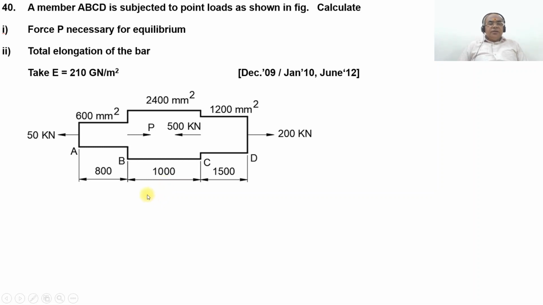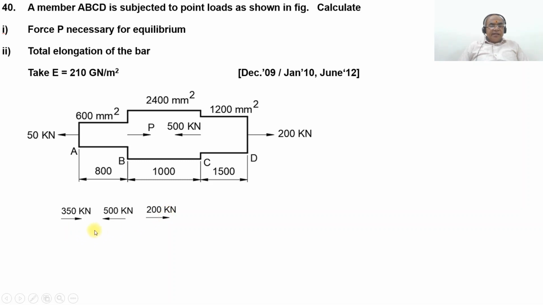Now we will find the equilibrium condition for the individual segments. First we consider segment AB. On the left hand side you have only 50 kilonewton acting toward the left, so it is positive because it is tensile. On the right hand side we have 350 kilonewton acting toward the right, 500 kilonewton acting toward the left, and 200 kilonewton acting toward the right.